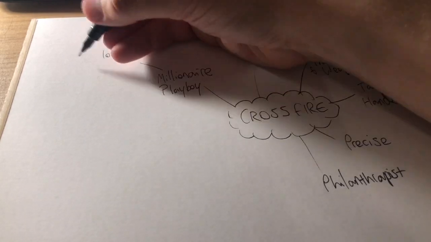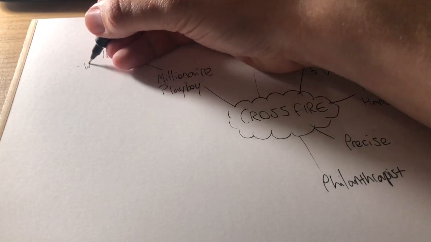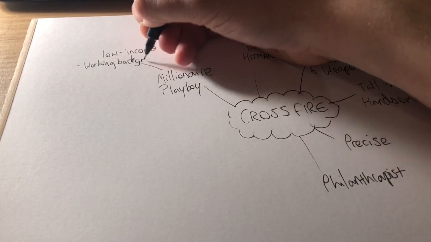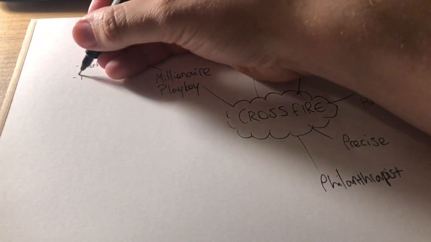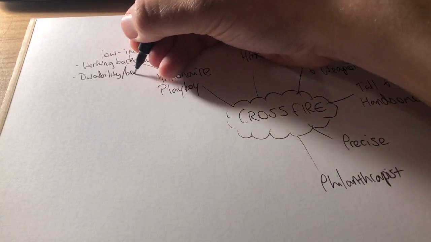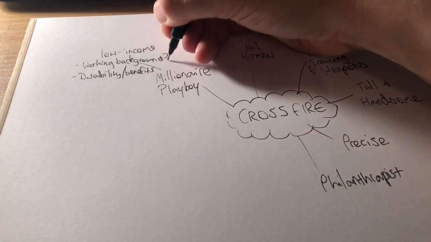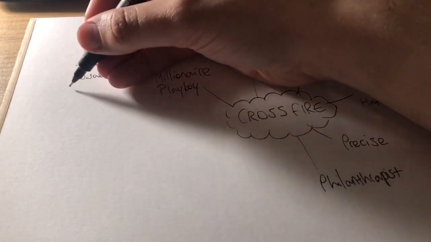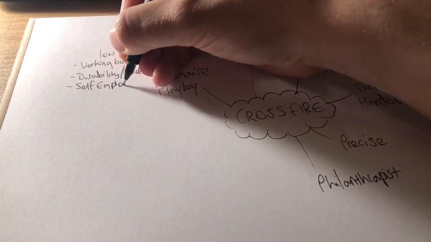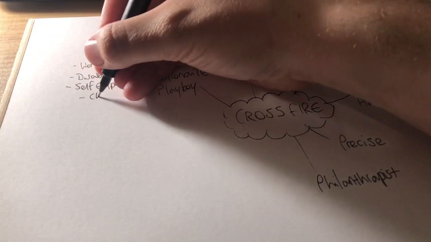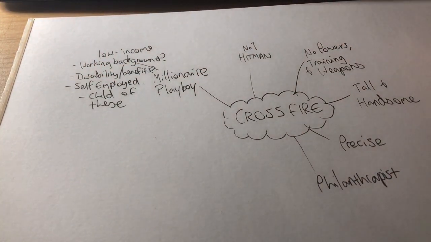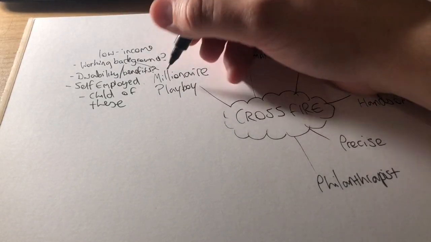That could be someone with, say, a working background, maybe a disability or benefits background, maybe even a self-employed person, or the child of these. Someone who comes from that life.